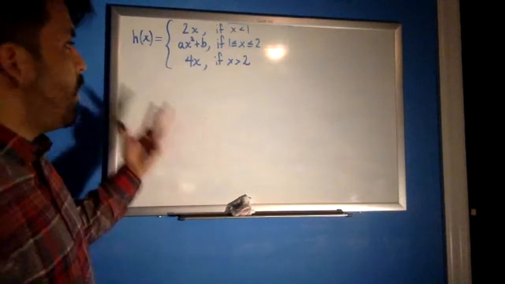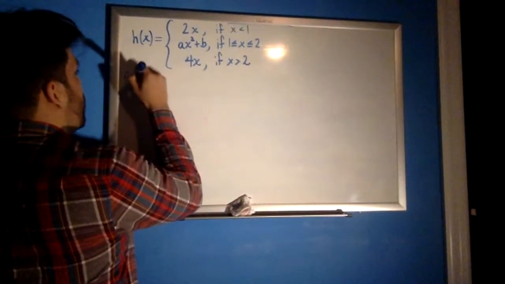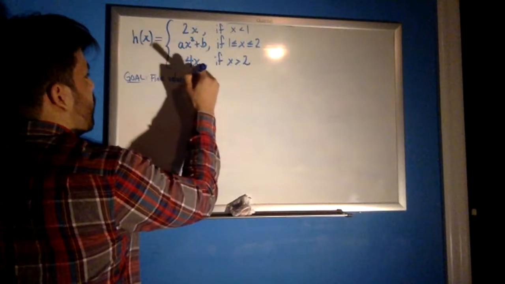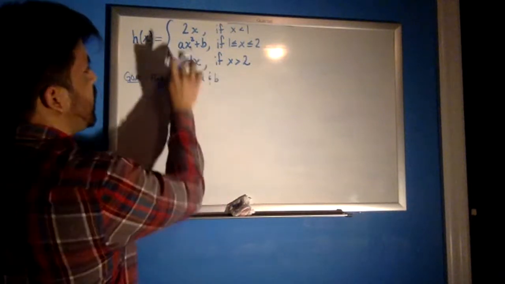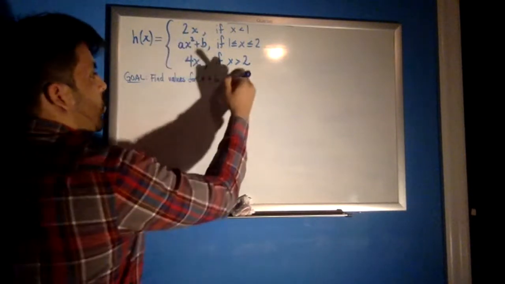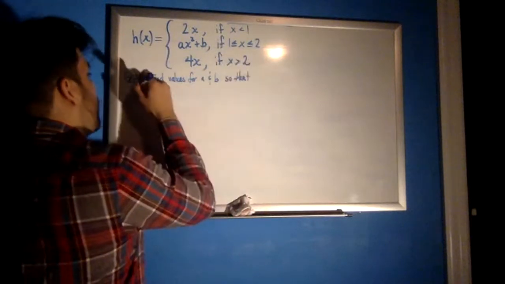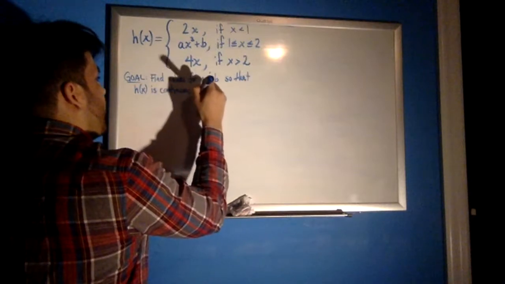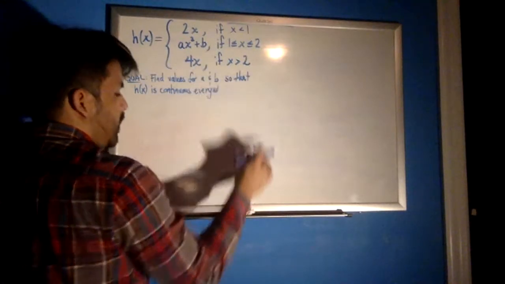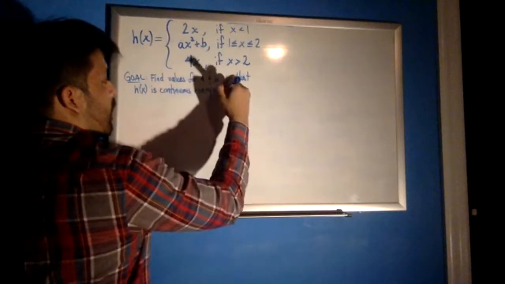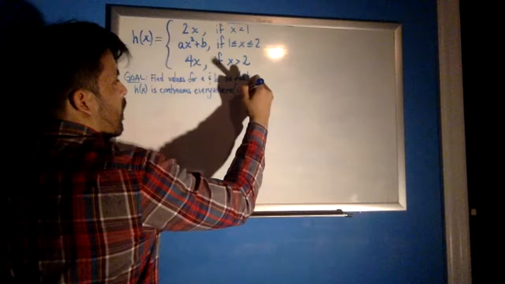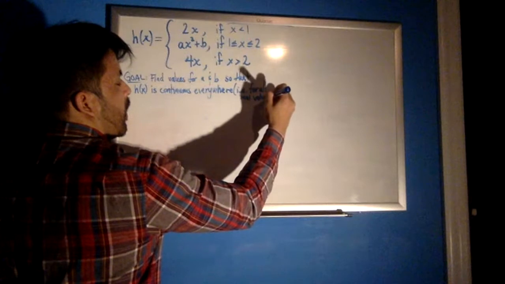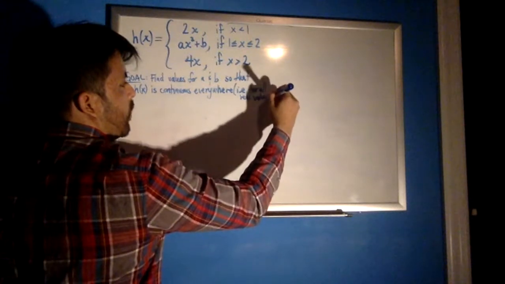And the idea is, what's my goal? My goal is to find values for a and b, because I want to find what these values should be so that h of x is continuous everywhere, which means for all real values of x.